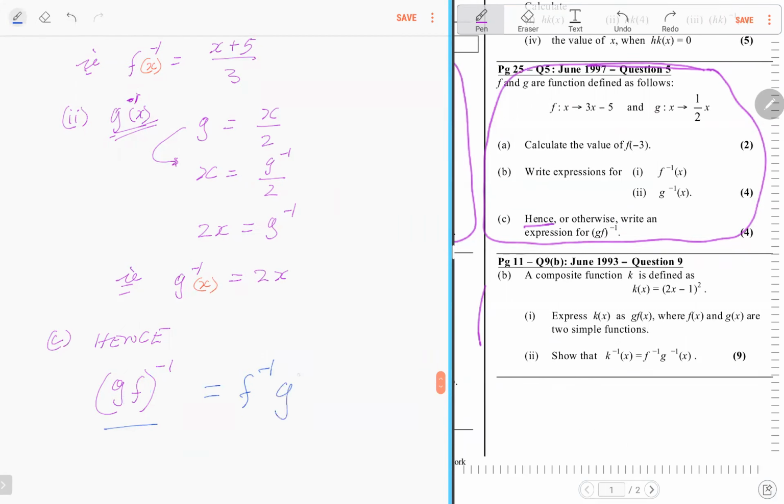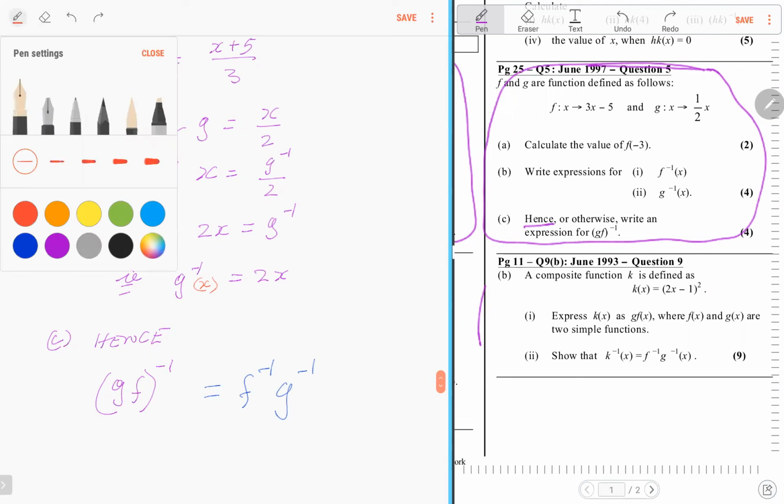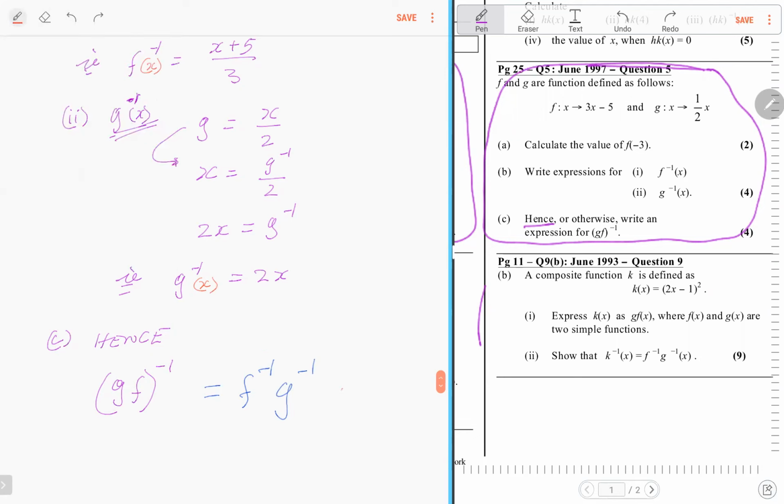If the g comes first in here, it must come second out there. And so to solve this, all we need to do is work this out. What does this mean? It means g to the minus 1 into f to the minus 1. That's what it means.